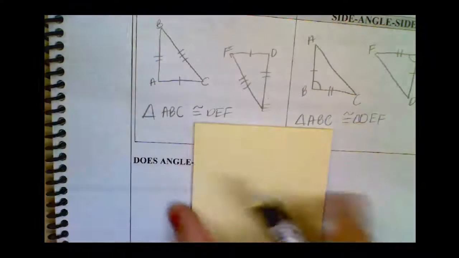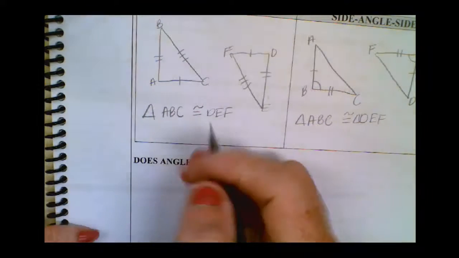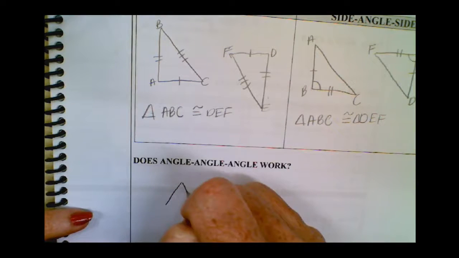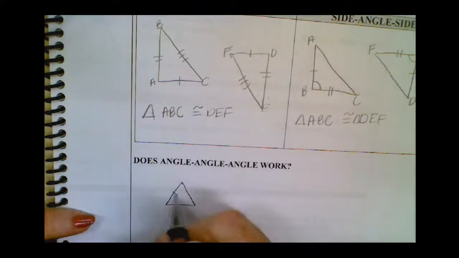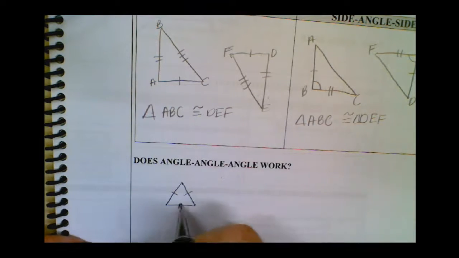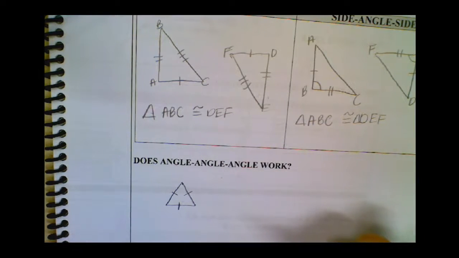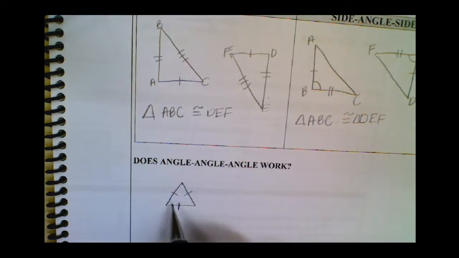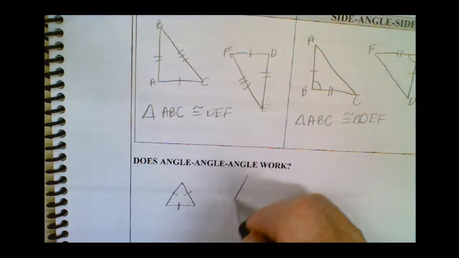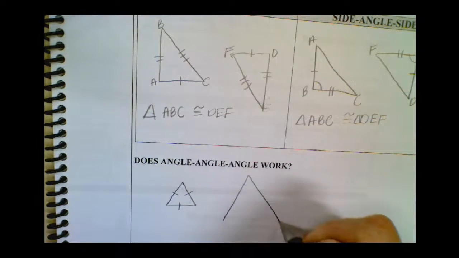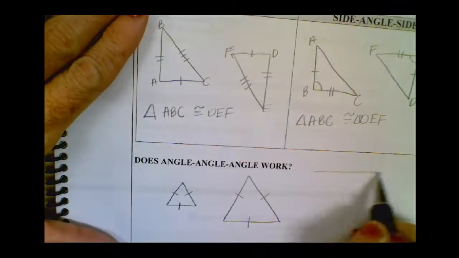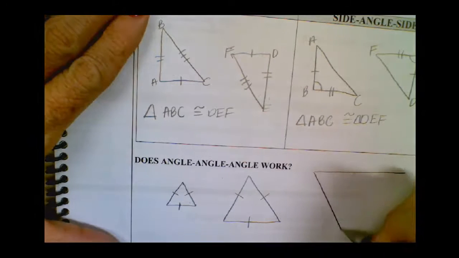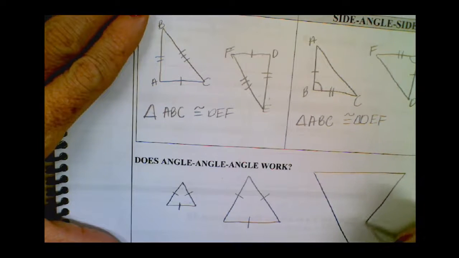So let's look at a triangle now. Let's say I make an equilateral triangle. And of course, this is a perfect equilateral triangle because Mrs. V draws perfectly, obviously. So that's an equilateral triangle, right? And by default, it's also equiangular because that's a 60-60-60 triangle. Oh, look, there's another equilateral triangle.